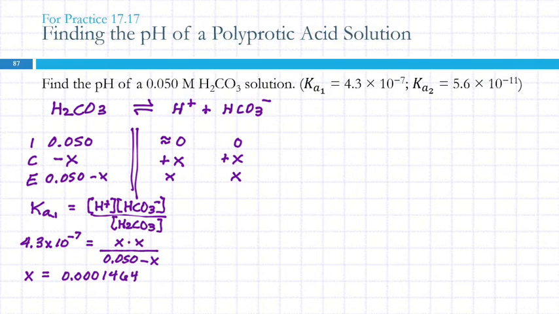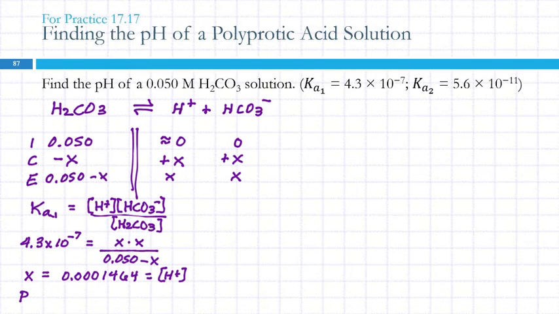Now, what did they say about finding the pH of a polyprotic acid? That usually you can ignore the second one, right? So if we ignore the second one, we've got this x. This x is equal to the H plus concentration. H plus at equilibrium is x.